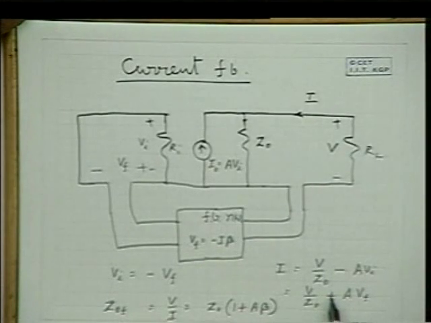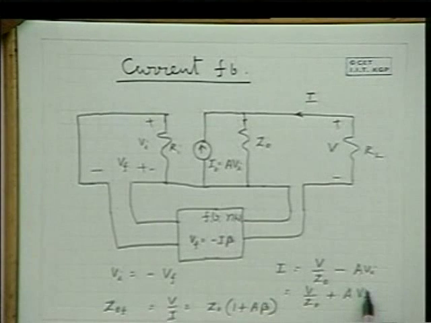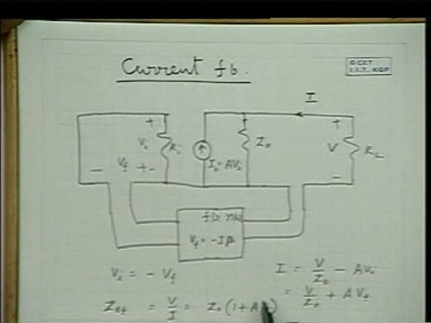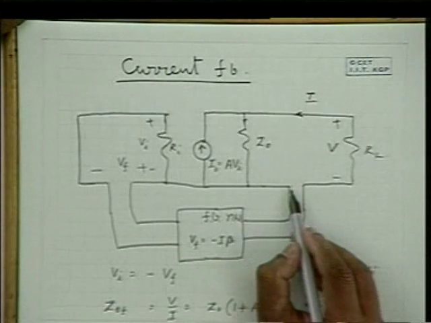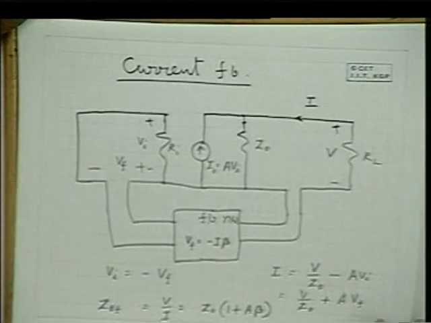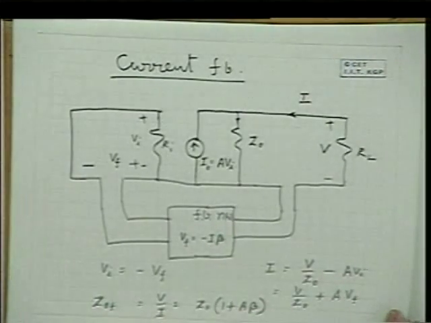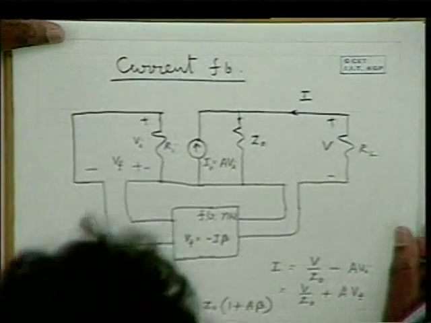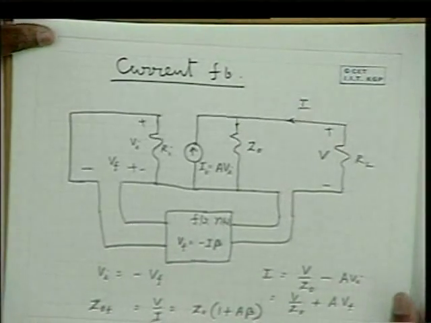Therefore, this is equal to minus A beta into I, and bring it this side. So 1 plus A beta into I is equal to V by Z0. Therefore, V by I is equal to Z0 into 1 plus A beta. So the output impedance increases by 1 plus A beta times. So a current tapping here increases the output impedance by 1 plus A beta times. So this is the effect of feedback on the input and output resistances.